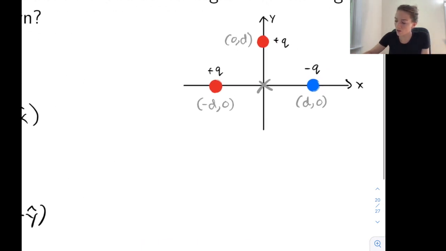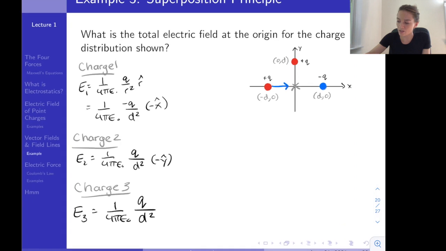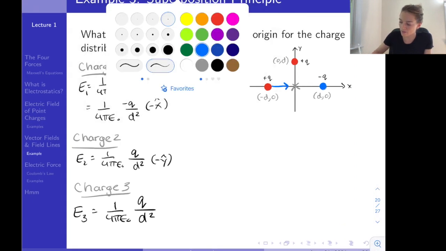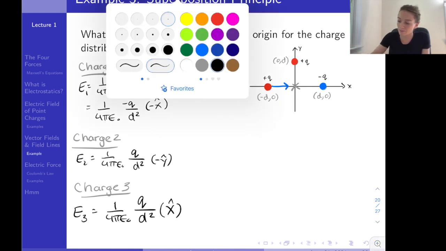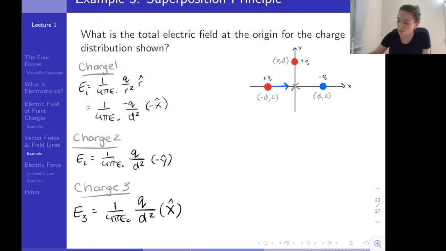And then our r hat vector from this charge to the origin is pointing in the positive x hat direction. So we just have positive x hat here. And again, that makes sense because overall we don't have any negatives or anything. So the electric field from this charge at the origin points away from our positive charge, which is what we'd expect.